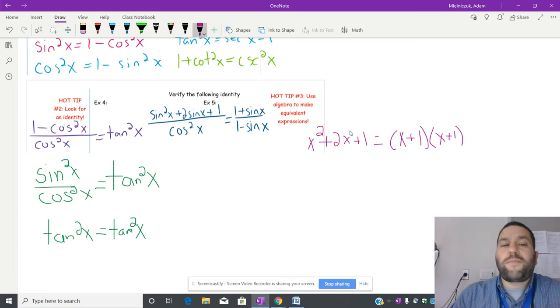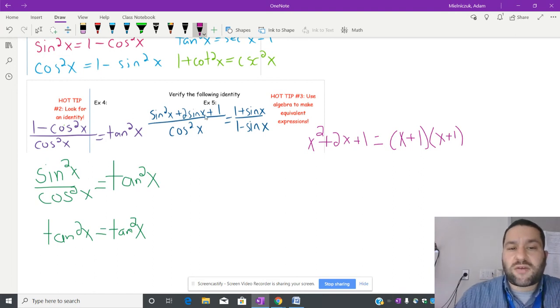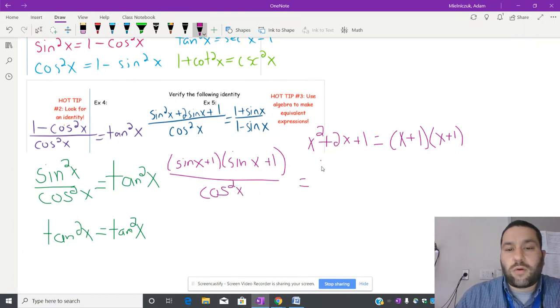We're going to use this property for the sine squared x plus 2 sine x plus 1, because it's the same thing. So we're going to rewrite this as sine x plus 1 times sine x plus 1 over cosine squared x equals 1 plus sine x over 1 minus sine x.